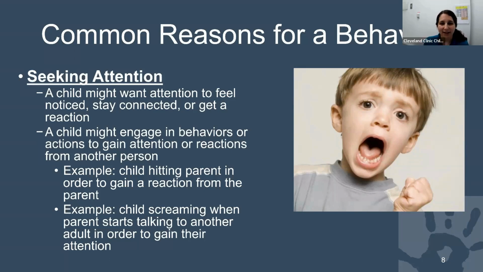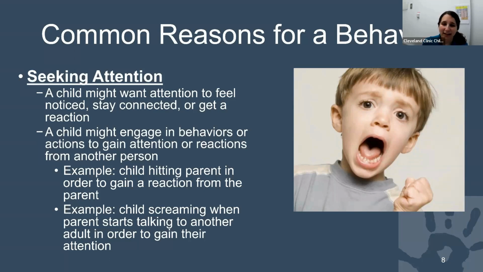Again, this also tends to have a little bit of a negative connotation associated with it. Like, oh, my child just wants attention. But in reality, a lot of times when a kiddo is wanting attention, what they're really seeking is connection. So you might see a kiddo who starts yelling or hitting whenever the mom talks with an older sibling, and then the kid starts trying to make a scene.